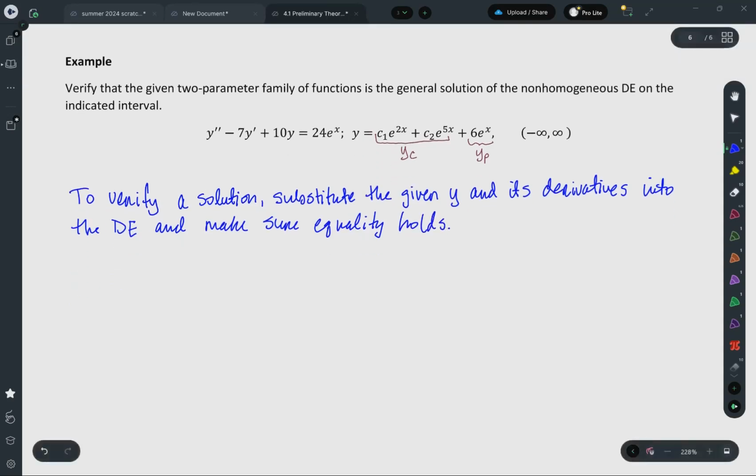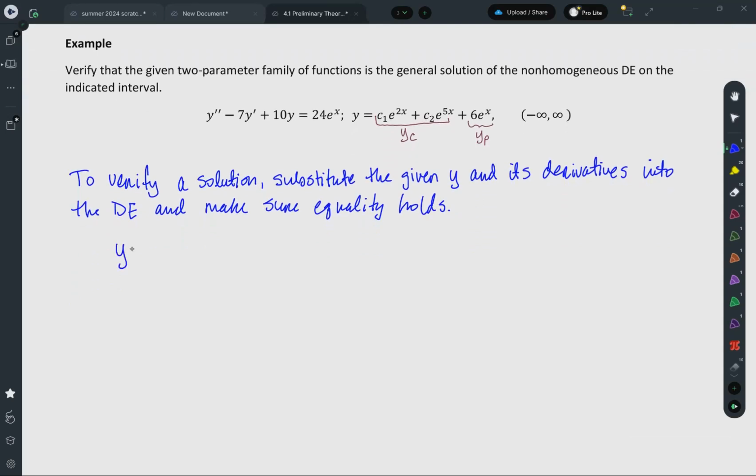Okay, we have y is equal to c1 e to the 2x plus c2 e to the 5x plus 6 e to the x. So y prime is 2c1 e to the 2x plus 5c2 e to the 5x plus 6 e to the x.